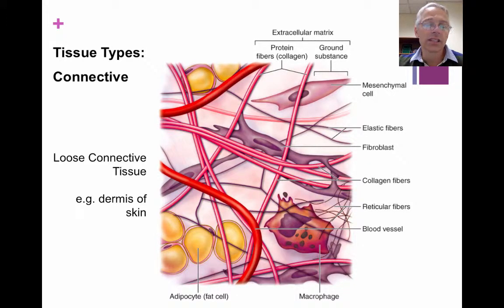And that loose connective tissue provides a sort of framework for different types of cells and tissues to do their job in a particular part of the body. So in the dermis of our skin, we have nerves, we have blood vessels, we have cells of our immune system, lots of different types of cells in there doing their job. And the loose connective tissue provides a framework where those cells can grow and do what they need to do.